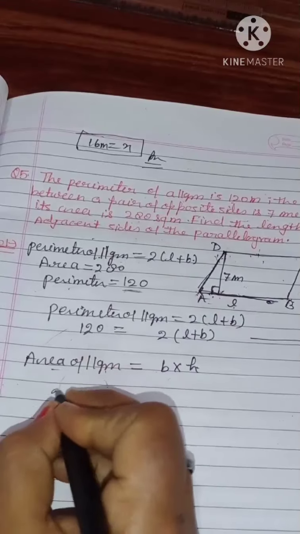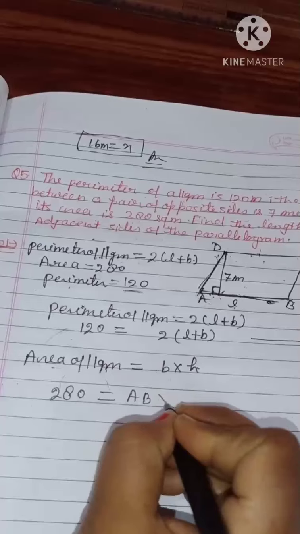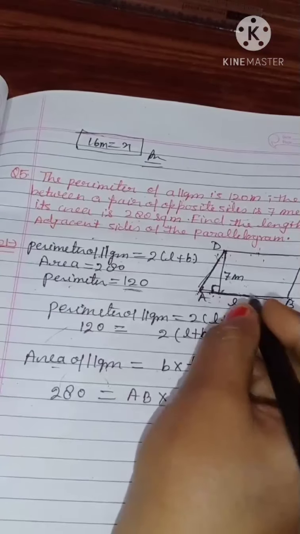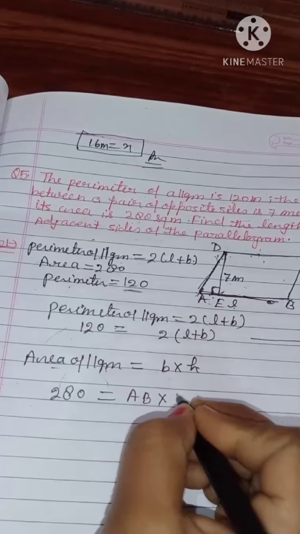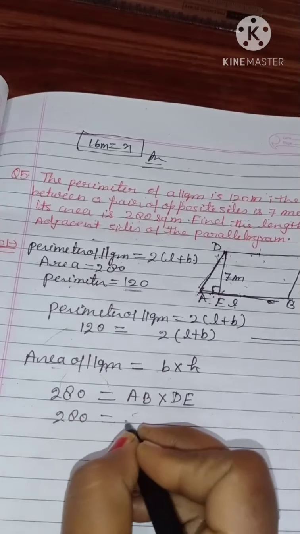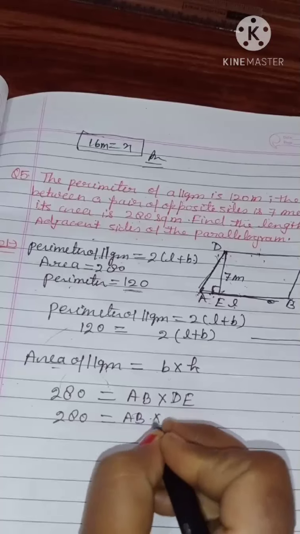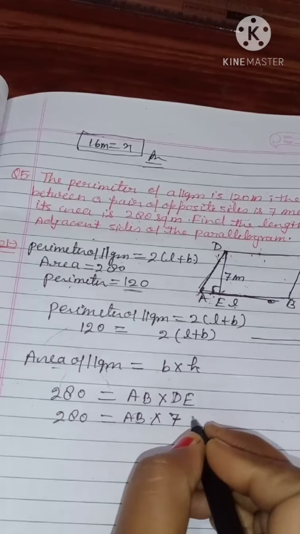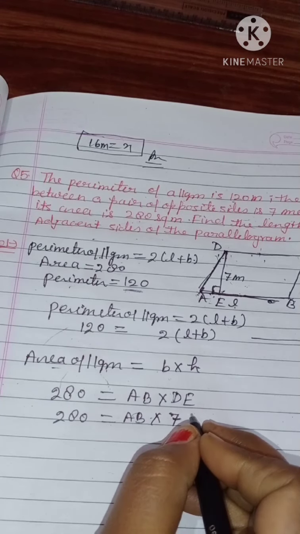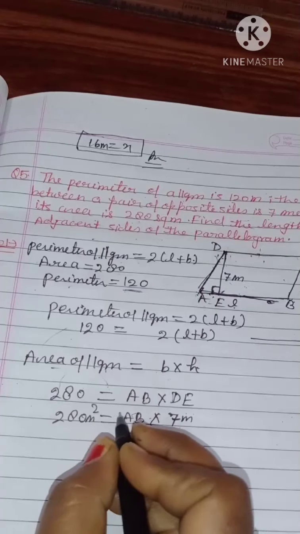So 280 is equal to base AB, which we consider as L, multiplied by height DE, that is 7. All these measurements are in meter, so it will be meter square because it is area.